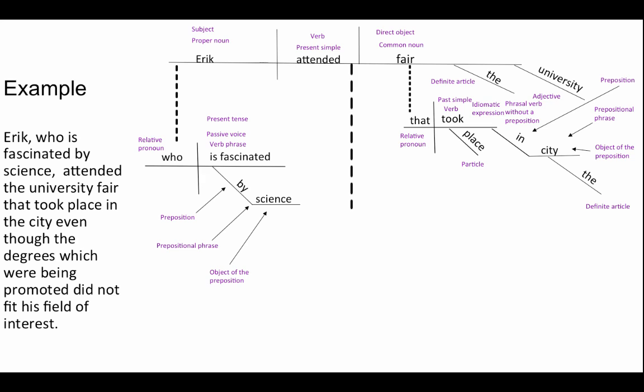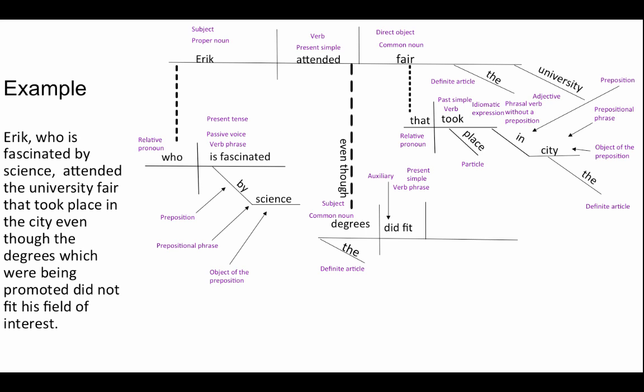Now, even though the degrees which were being promoted did not fit his field of interest. Even though is a subordinating conjunction, so all of this is a subordinate clause. Degrees is a common noun and it's the subject. The is a definite article. Did fit is a verb phrase in present simple.